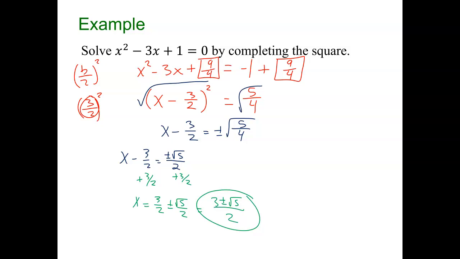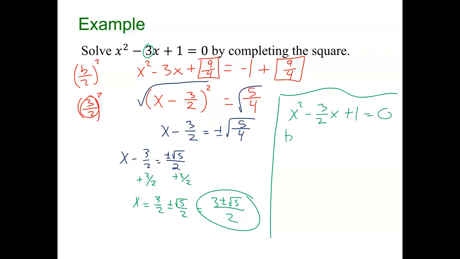Notice how our denominator is often 2. It's going to happen a lot, not always. One thing that will change that is if b is a fraction instead of an integer, because we're dividing by 2, right? So if, for example, I had x squared minus 3 halves x plus 1 equals 0, well, b is now a fraction as well.